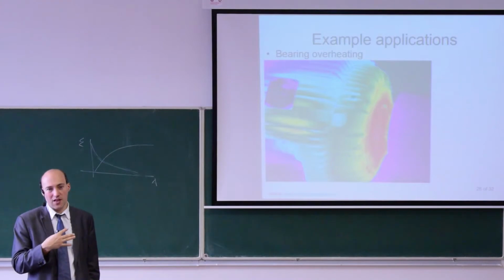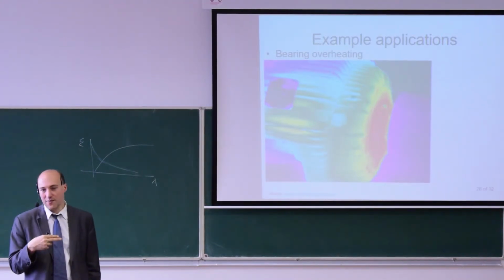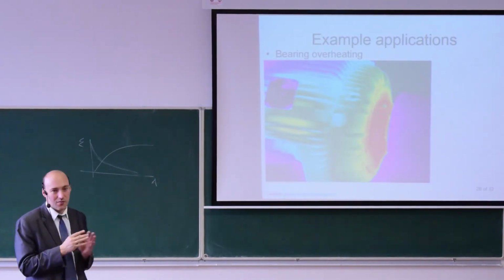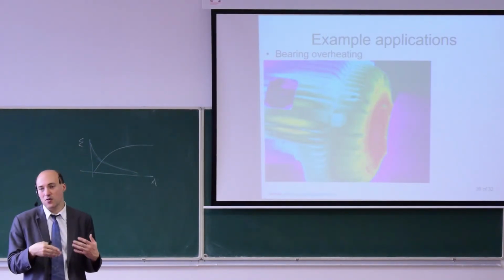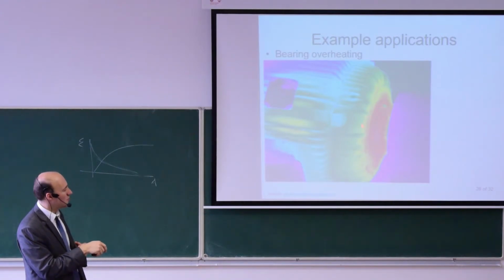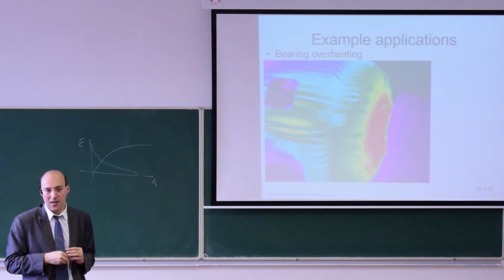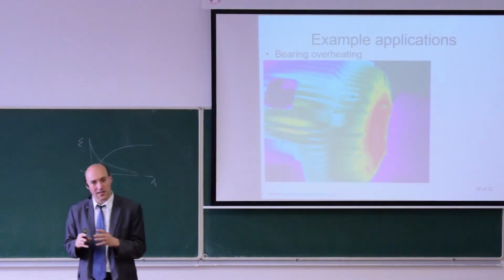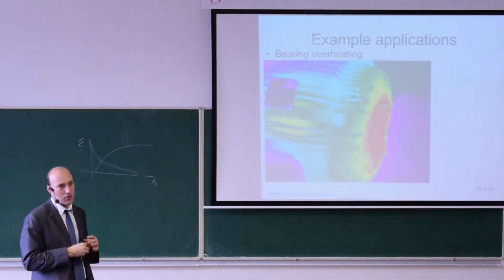You cannot read temperature from this image because you don't know if the emissivity is the same. If the motor were painted with the same color all around its surface, then you may say, okay, I have the same surface, and I know the temperature here is 50 and the temperature here is 20, for example. But those images show you that something is happening, but you cannot use them to get absolute temperature readings.